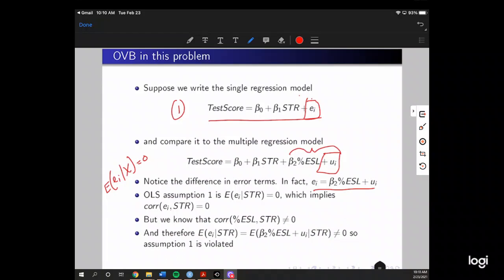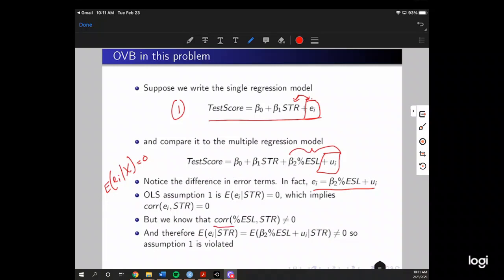So we need to make the case that these two things are uncorrelated. But we can substitute in beta 2 times percent ESL plus u_i for e_i. And so the question is: is percent EL correlated with student-teacher ratio?